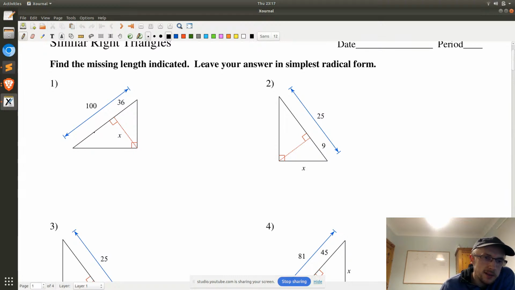Well, I know that that's 64, and that shorter side is 36. But it doesn't sort of like help me.